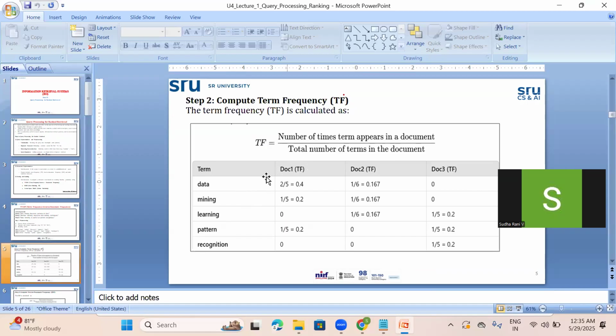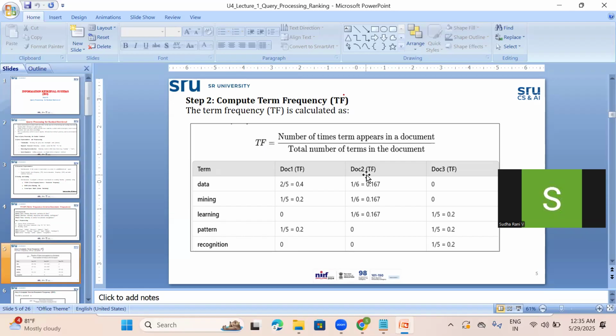In document 1, the total number of words is 5. The term data is repeated 2 times, so the term frequency is 2 by 5. Mining is repeated only 1 time, so 1 by 5, 0.2. Learning is not repeating, so 0. Pattern is repeated once, so 1 by 5, that is 0.2. Recognition is 0, so the term frequency is 0.